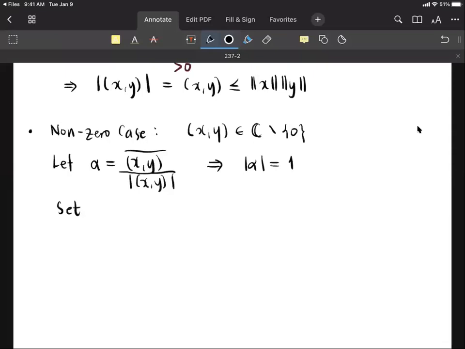Now we consider the vector z to be alpha times x. And if I take the inner product of z and y, so instead of x, I use alpha x, where alpha is this scalar here.